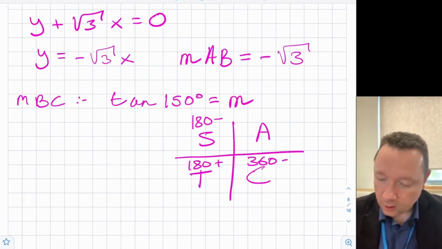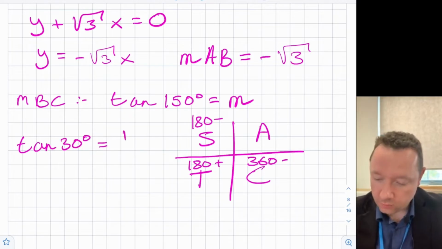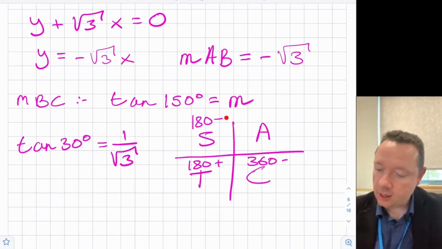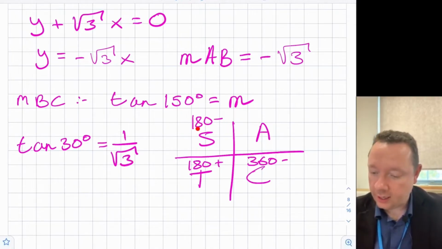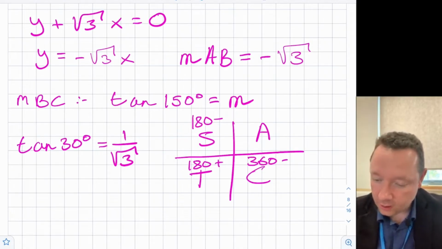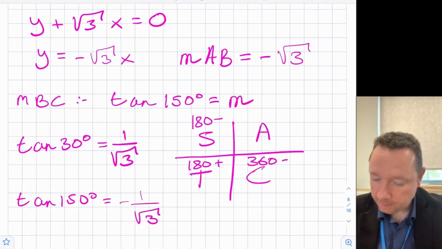So if we work out the tan of 30, well, the tan of 30 degrees is an exact value, 1 over root 3. So that means that because of the related angle, if it was in this quadrant, 180 minus 150 would be 30. The tan here is negative, so the tan of 150 degrees is minus 1 over root 3.